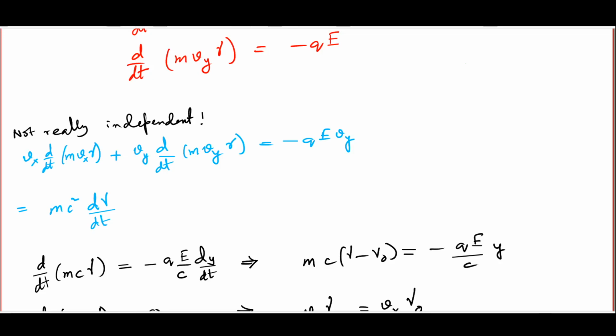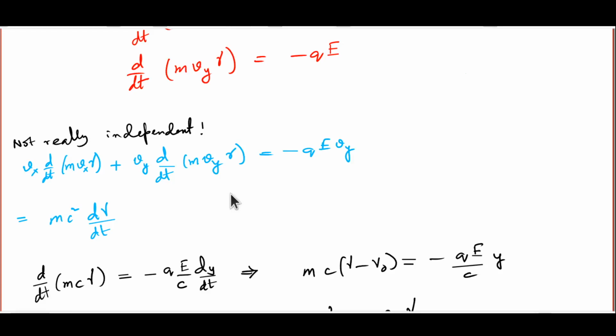Now, these equations are pretty straightforward. Indeed, the first one just says that the rate of change of mcγ, which is essentially the energy up to a factor of c, is minus qE by c dy/dt, and that integrates trivially to the result mc(γ minus γ0) equals minus qE by c into y. You should recognize that this is nothing but a relativistic version of the work-energy theorem.